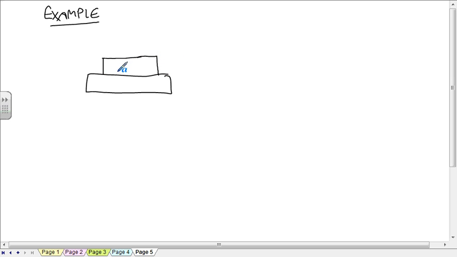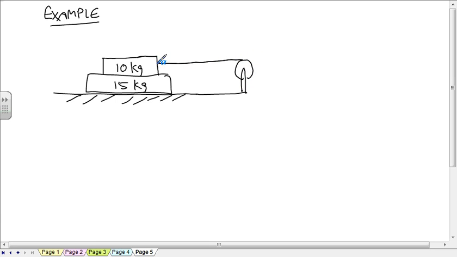But okay, say that you have a 10 kilogram box on top of a 15 kilogram box. They're sliding along the floor. And they're connected by a cable that's going over a pulley. And let's say that you pull with 100 newtons on the top box this way. Okay?